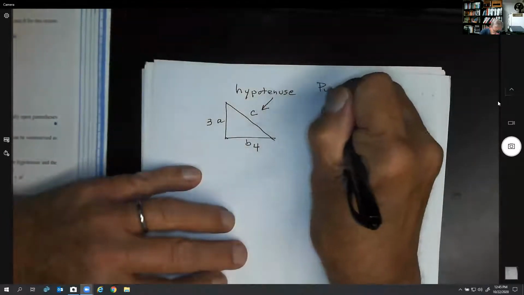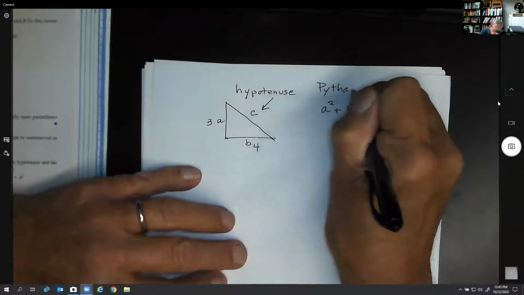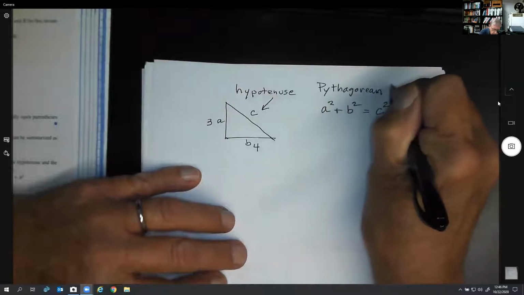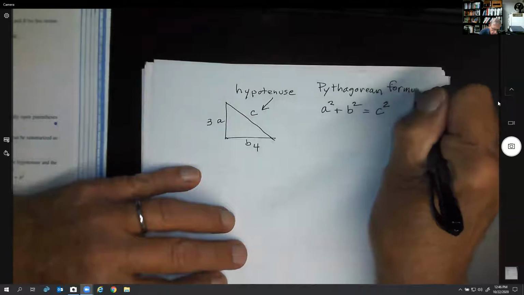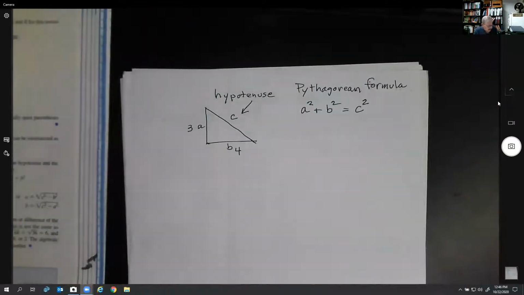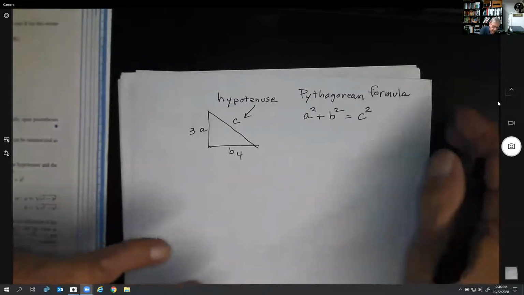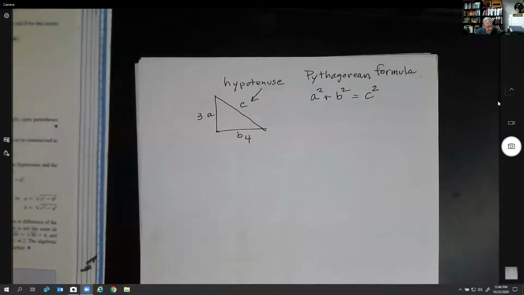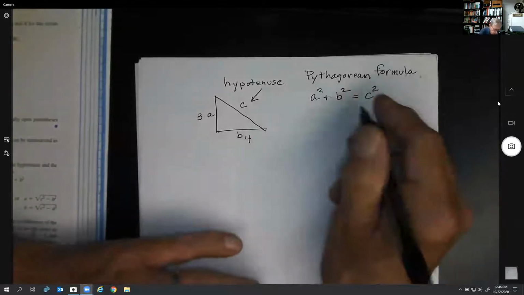It's called the Pythagorean formula. And it was developed by a guy named Pythagoras. And he had kind of formed a religion where mathematics was the most important thing. Smart man. And it was probably 1,000, 2,000 years ago. I don't know, a long time ago.